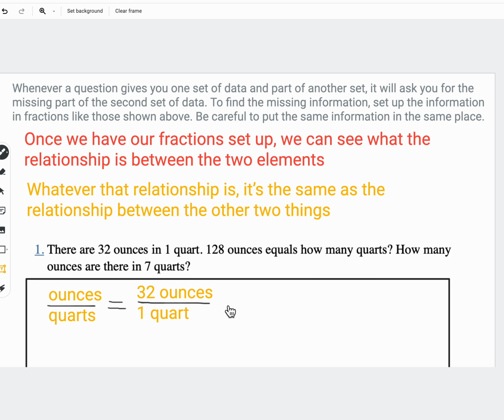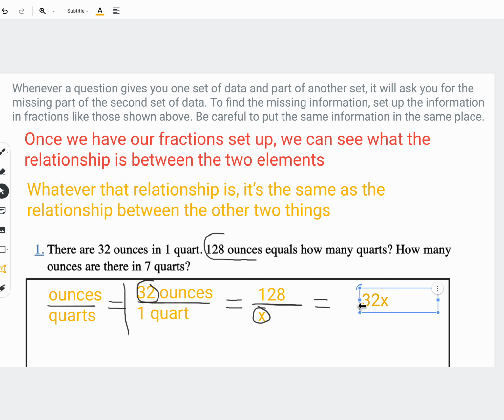Now we can cross multiply. 32 ounces per 1 quart will equal 128 ounces over an unknown. This is what we are solving for. Let's cross multiply. 32 times x will give us 32x, equals 128.